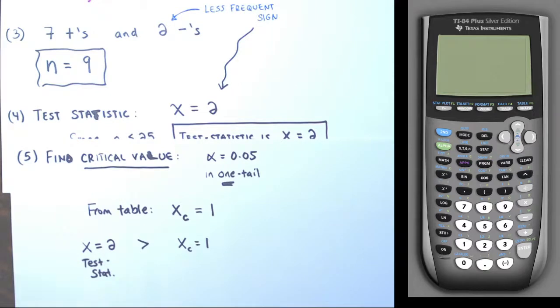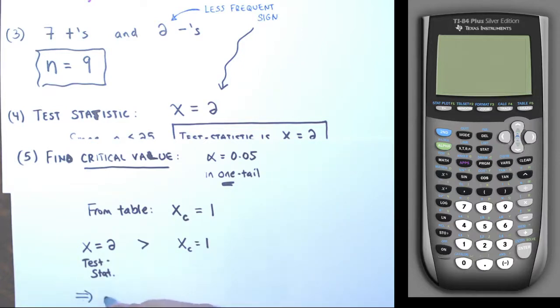So our particular sample's test statistic is not going to be in that left rejection region. It's beyond that, to the right of it.